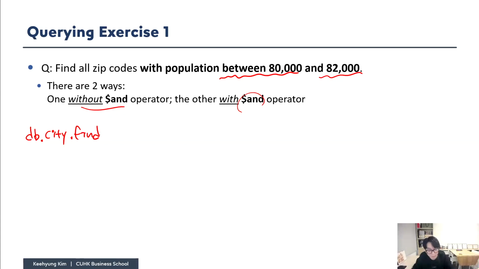The operator we want to specify is this: we compare the population field. The value should be greater than or equal to 80,000. At the same time, it should be less than or equal to 82,000.